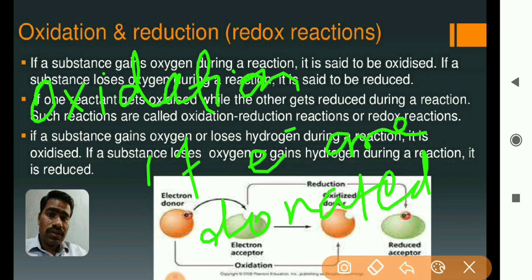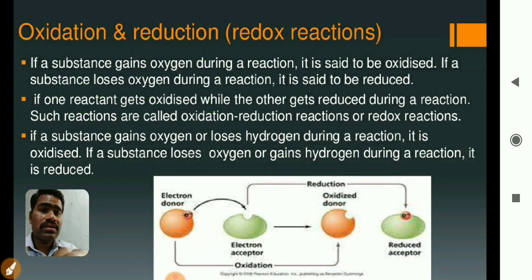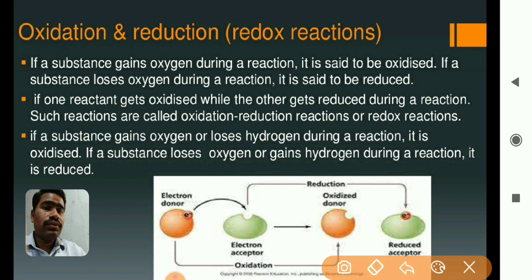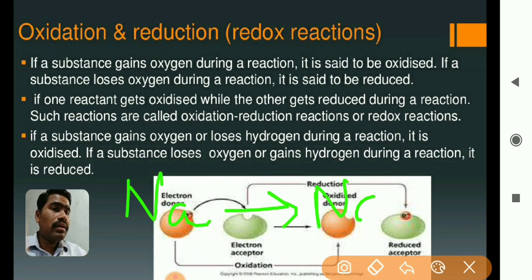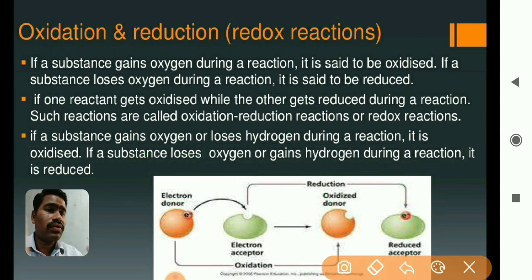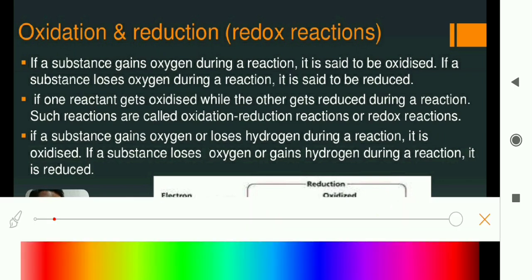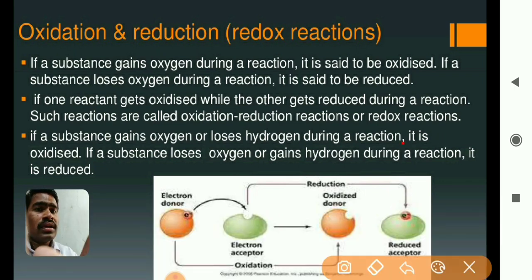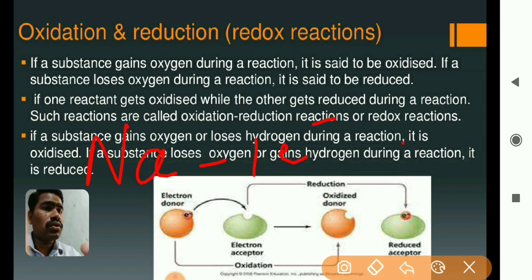Donated or lost, if the electrons are lost, it means oxidation. I'll give you an example. Na minus 1 electron becomes Na plus.